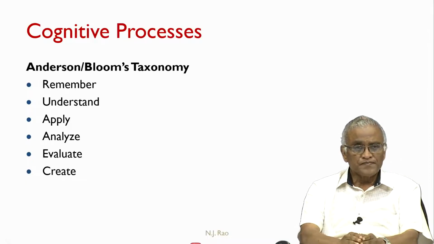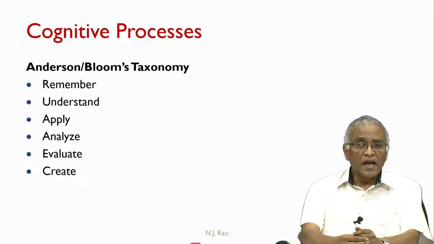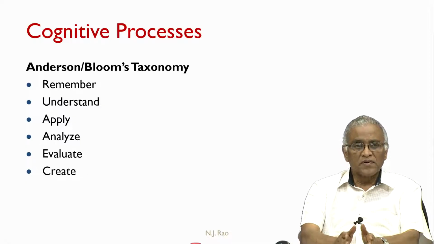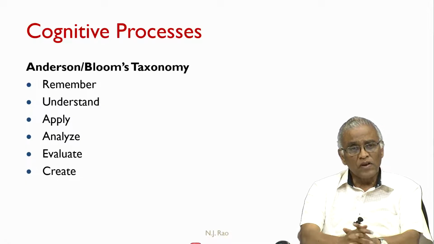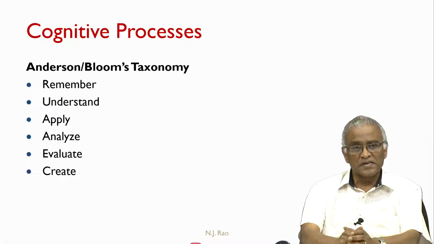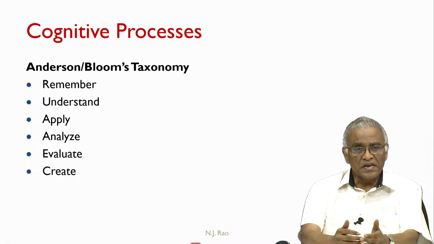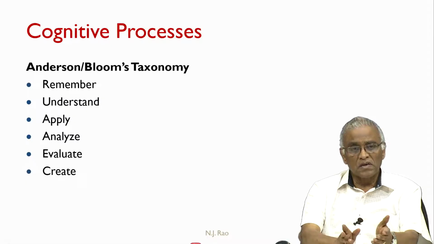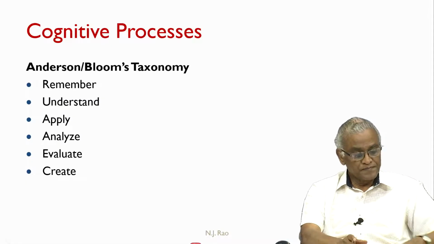That means understand activity will also involve remember activity. Apply activity, for example, will involve understand and remember activities. Like that, create activity is the highest, and it may involve activities related to all the 5 cognitive processes. Okay.